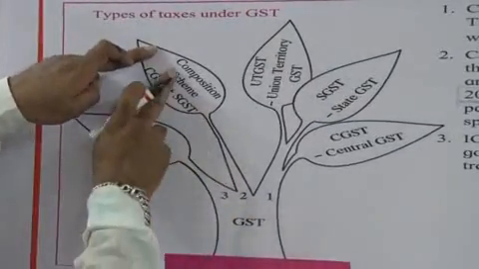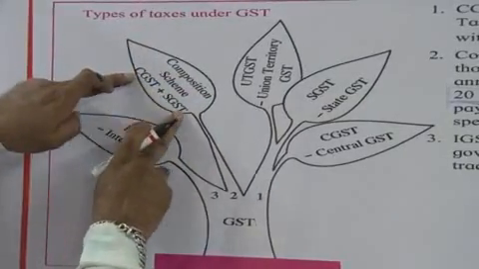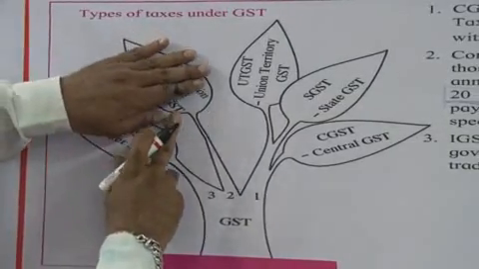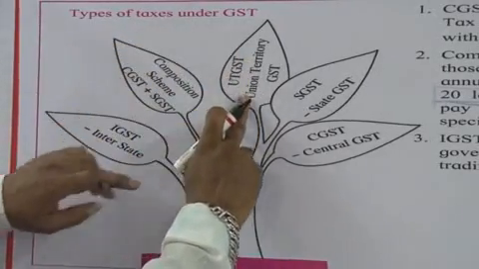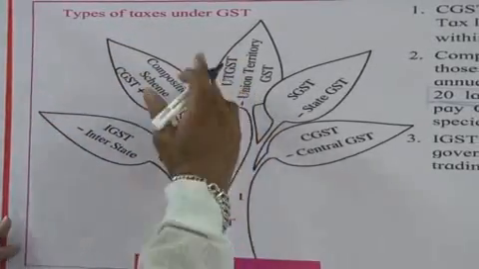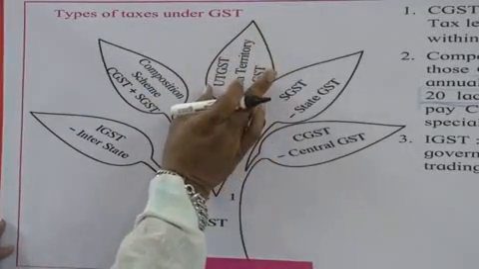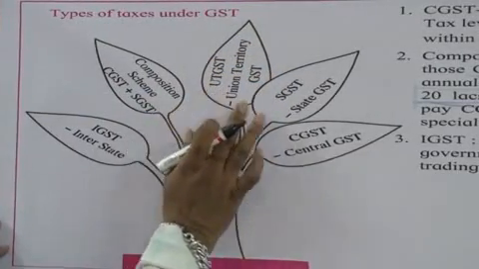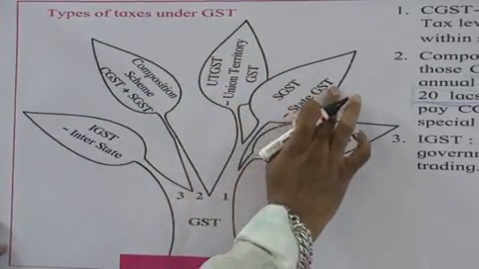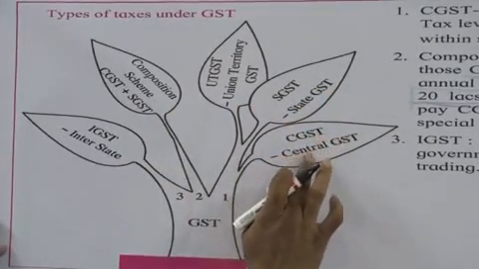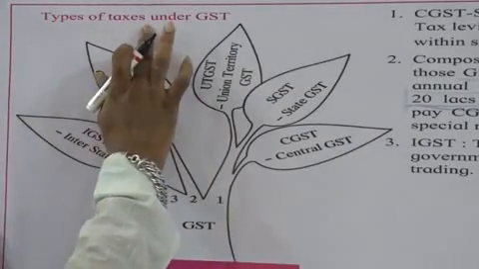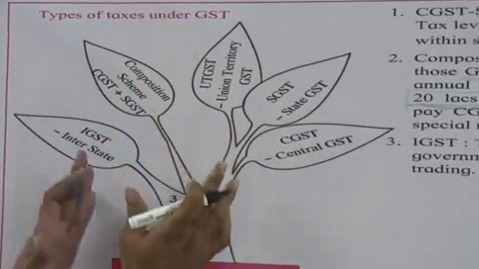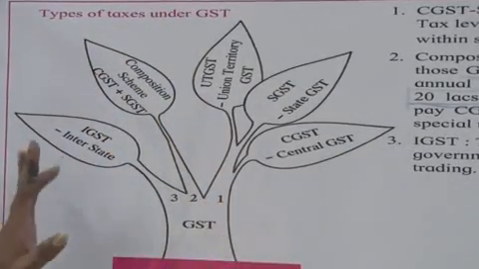The second one is the composition scheme of CGST plus SGST, that we have seen. Now UTGST means what? There are some union territories, and the GST charged there is UTGST. SGST is the state GST, and CGST is the central GST. Therefore there are three types of main tax schemes of GST which we have seen.